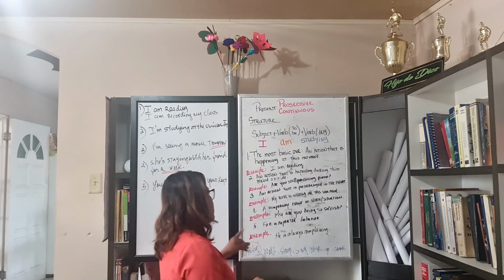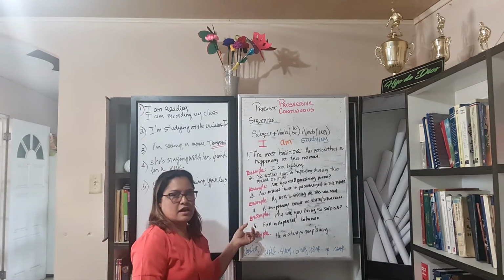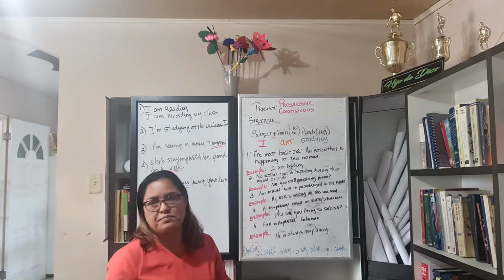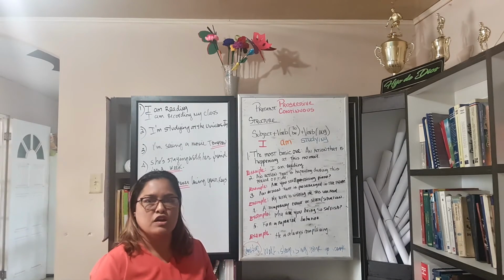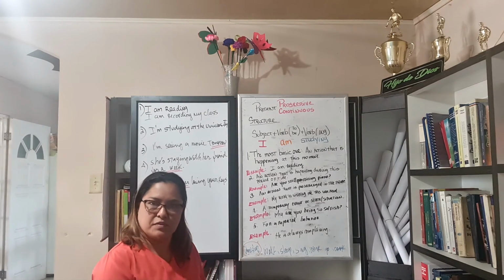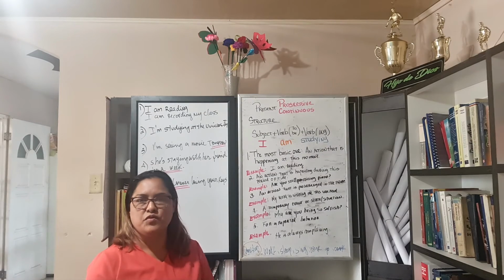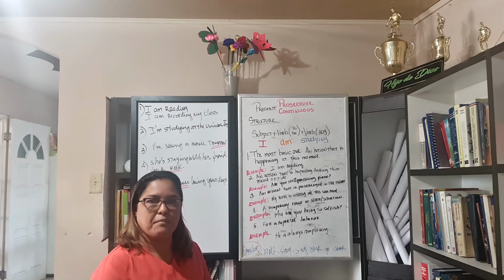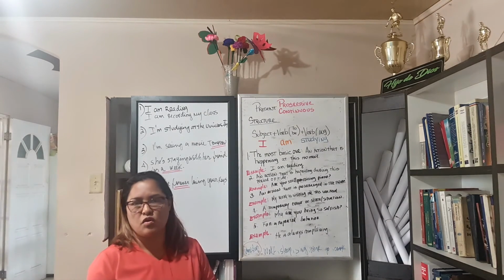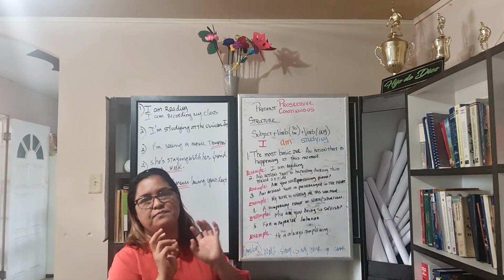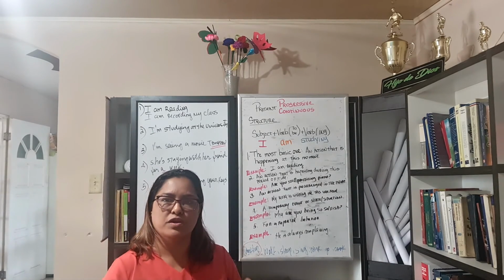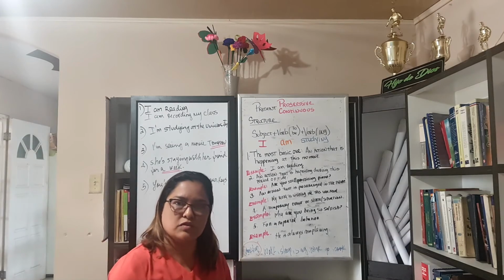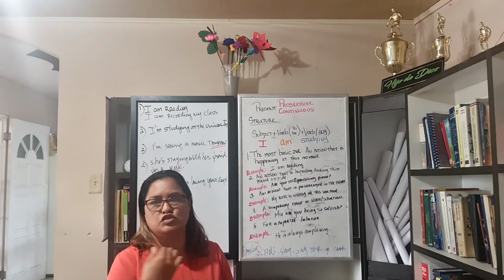And finally, rule number 5, for repeated behavior. Normally, for repeated behavior, we use it to talk about things that are not us, but it can be positive behavior too. So we normally use always or constantly with this structure.